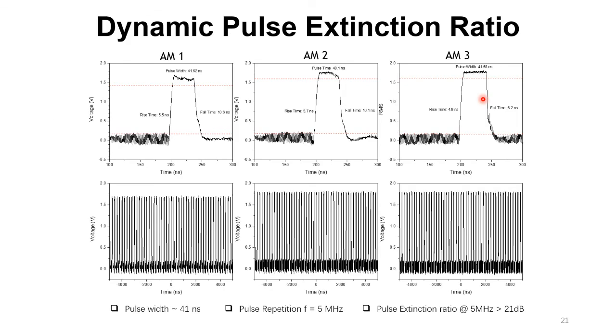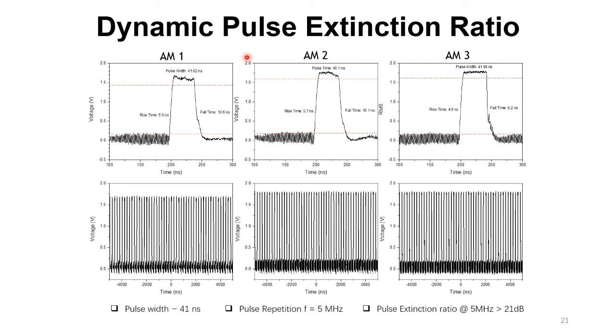The dynamic modulation of the amplitude modulators is tested. 3 amplitude modulators are driven by a square signal with a duty cycle of 20% and a frequency of 5 MHz.